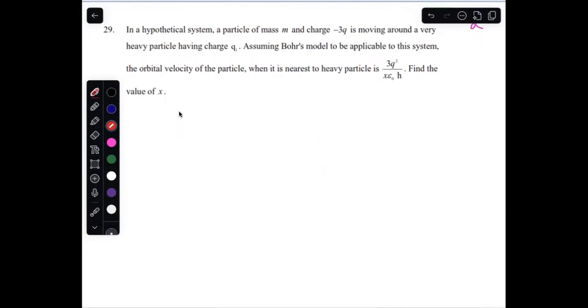If I am assuming Bohr's theory, I should assume that it is moving in a circular orbit. So one thing is clear: 1 by 4 pi epsilon naught 3q q1 by r square is mv square by r.